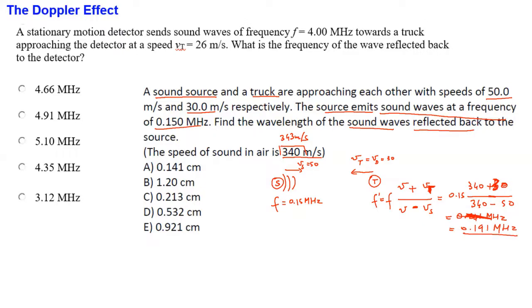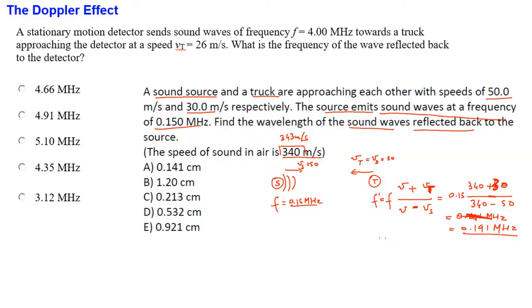Okay, great. Now this is the first situation. Now I want to find the sound wave reflected back to the source. Now, of course, F, which is here, reaches here, and the frequency is highest, 0.19 megahertz.